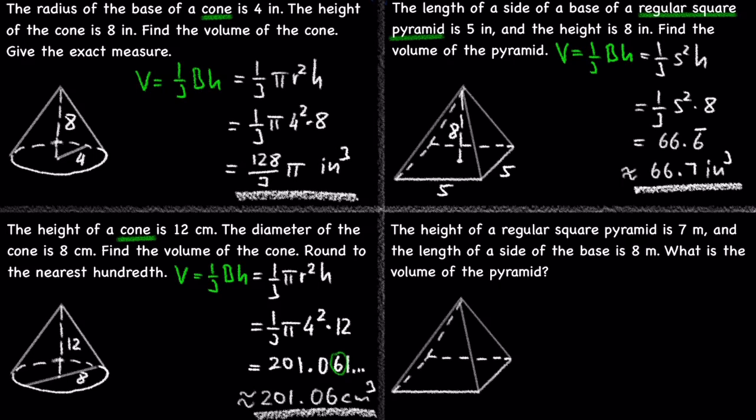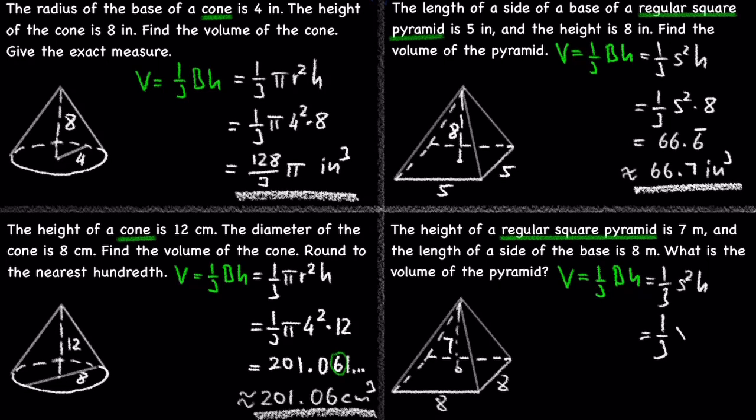The height of a regular square pyramid is 7 meters. And the length of the side of the base is 8 meters. What is the volume of the pyramid? Again, the volume is 1/3 times the base times the height. 1/3 times s squared times h.